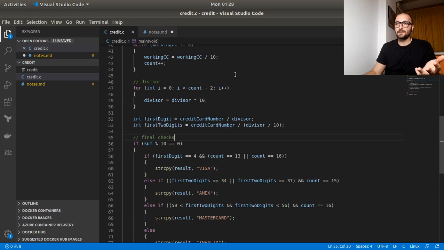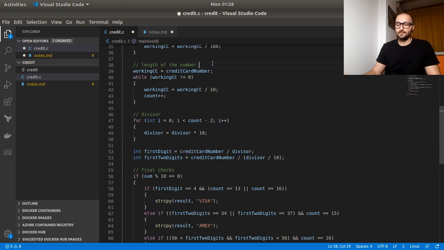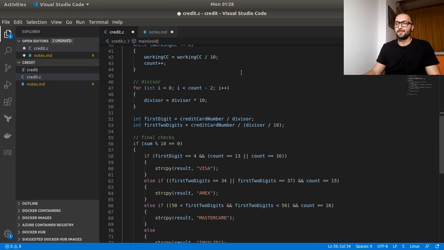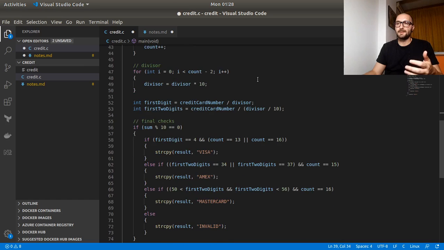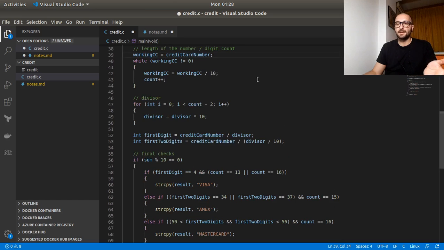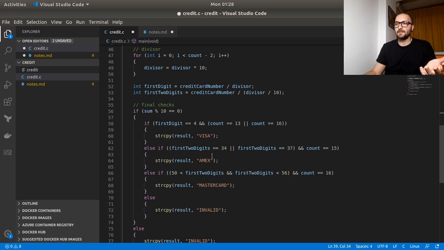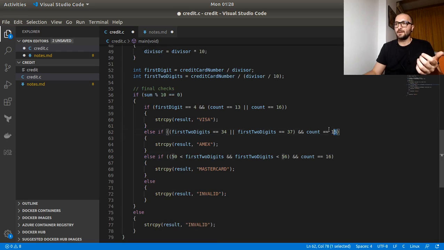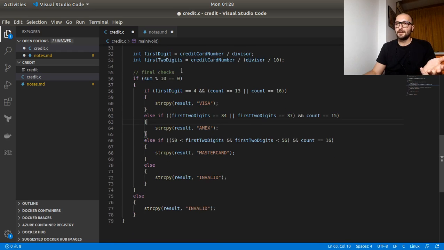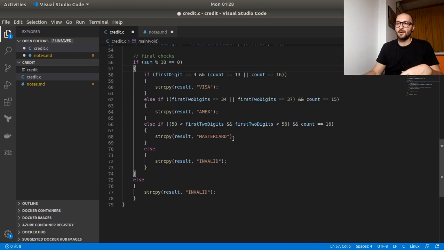And then we got other things like the length of the number, the digit count, and then we simply create the divisor that helps us get the first two digits of the number, and that helps us validate some of the conditions for the first digit or the first two digits. Then we use the count to validate the length of the number, and of course we have the big condition here, and then we output the result.